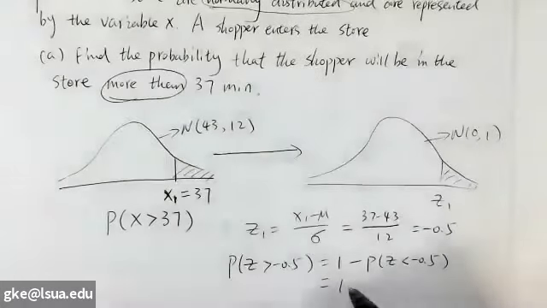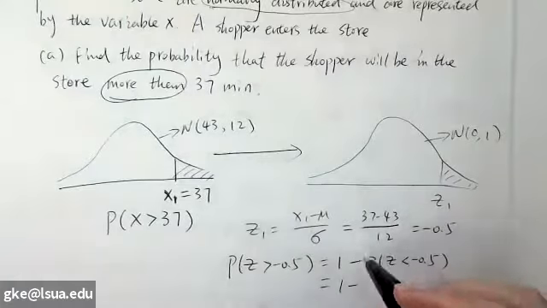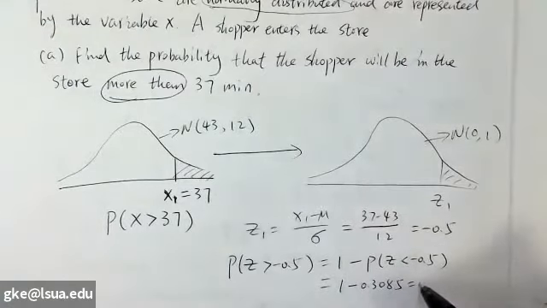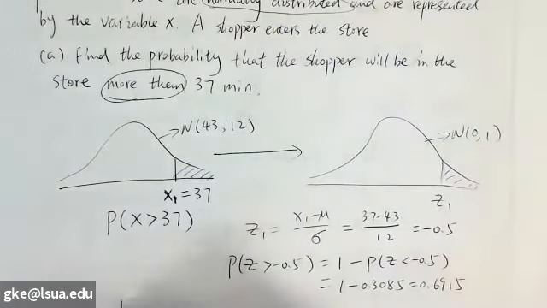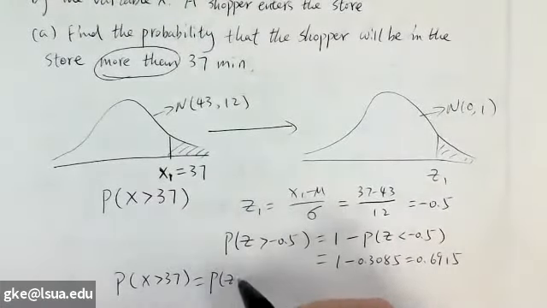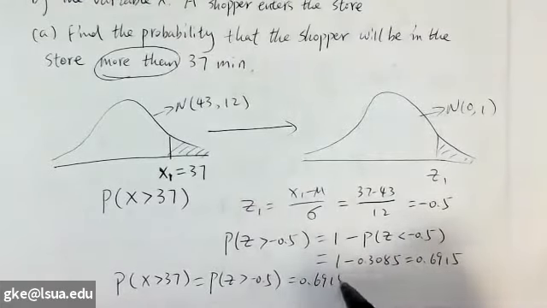And the area to the left gonna be 0.3085. And this guy gonna give you 0.6915. Good job, you got it. So this guy, we have the conclusion, 0.6915. That's it.